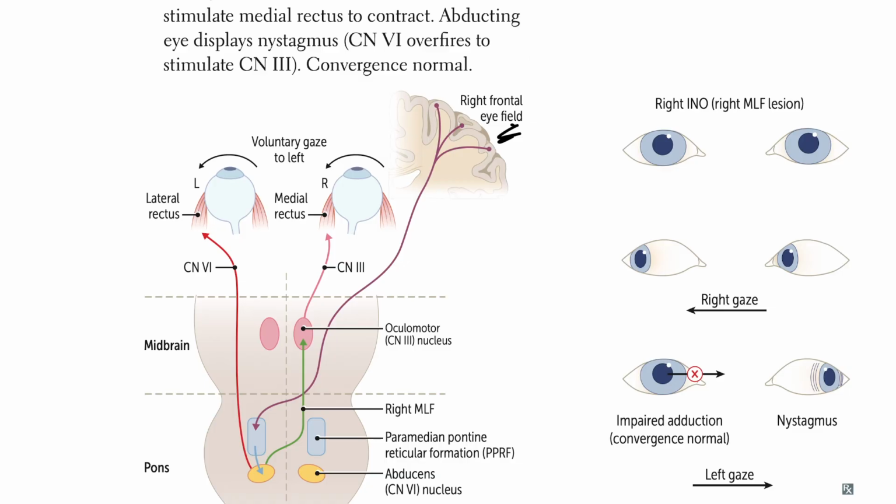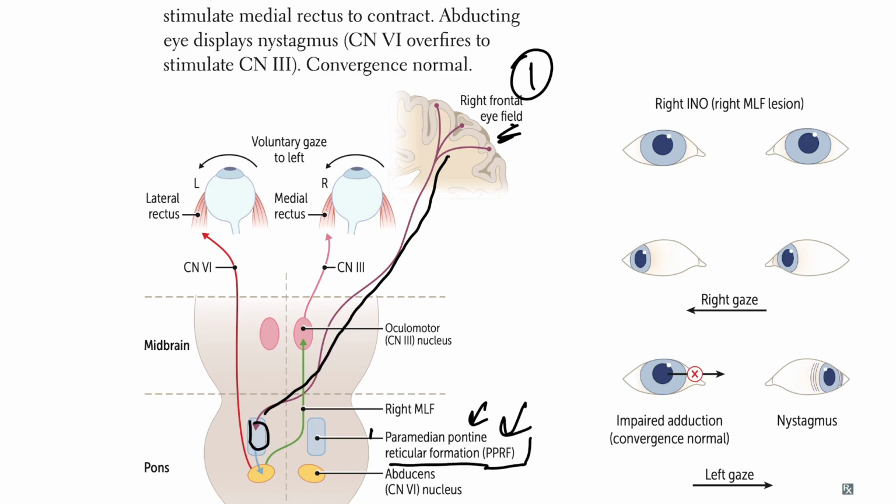So the brain sends the signal all the way to the PPRF, the paramedian pontine reticular formation, this structure right here. Through the PPRF, signals go to the abducens nucleus, the CN6 nucleus.